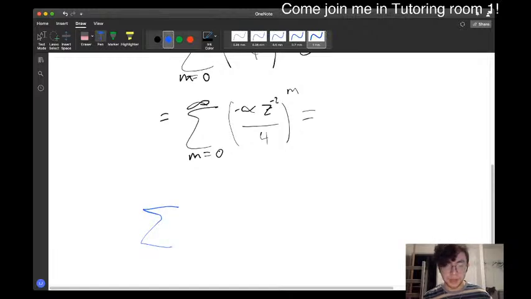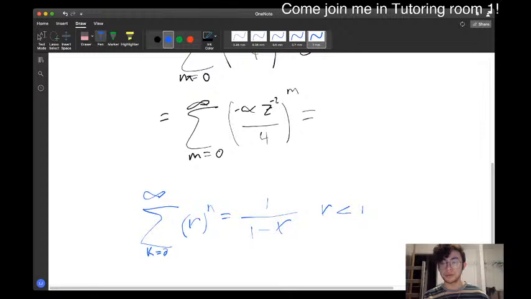If we have just some series, k equal to 0 to infinity, the summation of some number r to the k, then this summation will come out to 1 over 1 minus r, as long as the magnitude of r is less than 1.